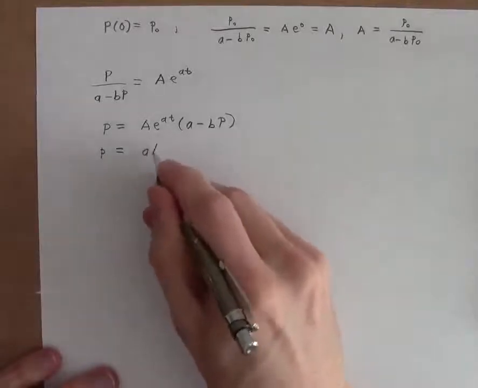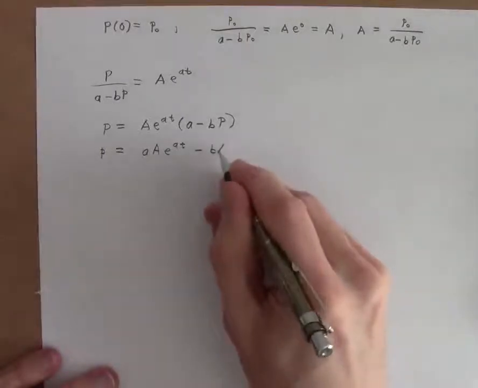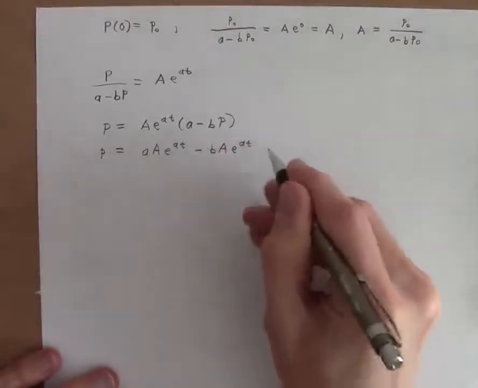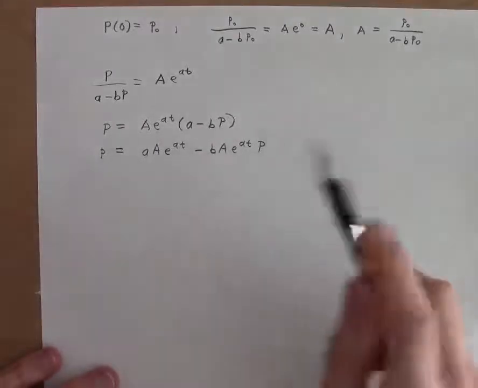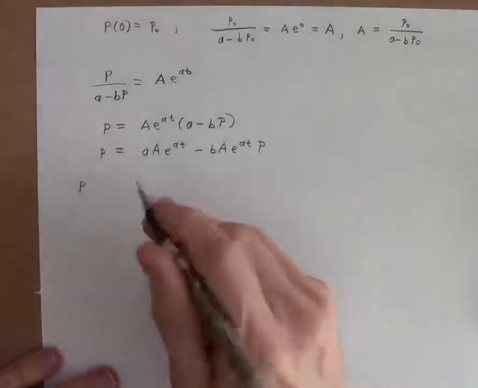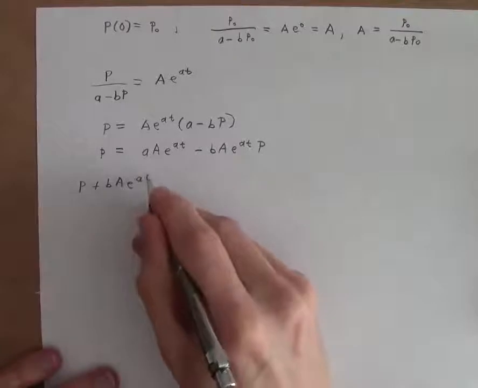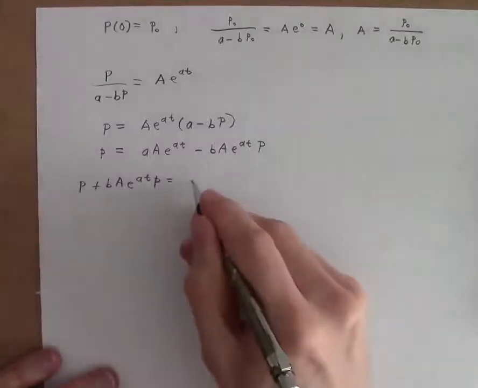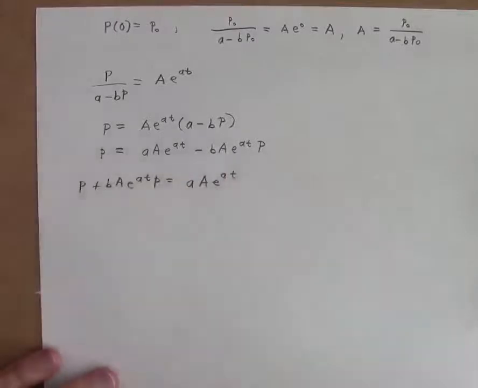So we'll have a times A e to the at minus b times A e to the at times P. Let's get both of the P's on the same side of the equation. So we have P, swing this over, so plus b A e to the at times P equals a A e to the at.